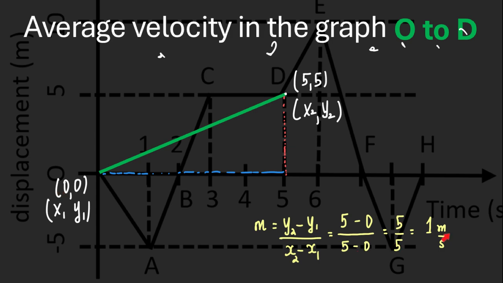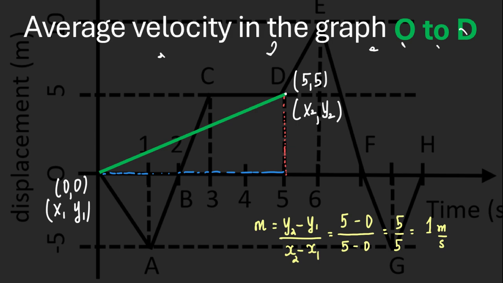Therefore, 5 by 5 is equal to 1, which means along the path OD, oh, my bad. We can't say it's OD because there's no path OD. So we can say that between the time duration when the object was from O and D, the average velocity was 1 meter per second.